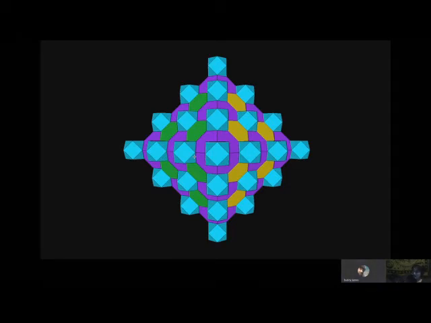And yeah, I found this honeycomb, and I thought it was the most beautiful thing I'd ever found. I was like, damn, this thing is gorgeous. And then I found out that it had already been discovered. Man, that sucks.